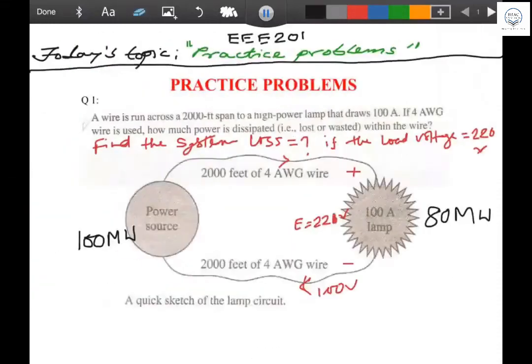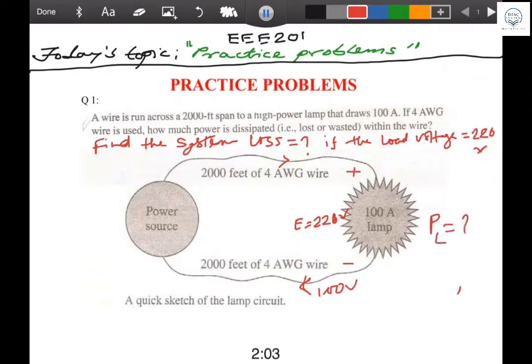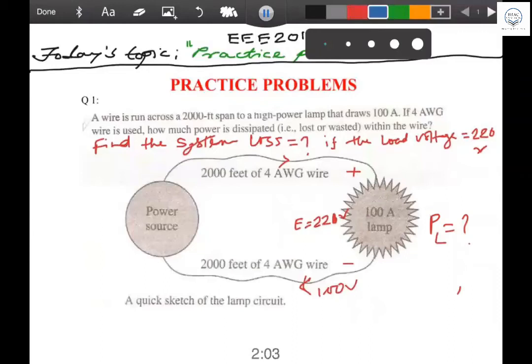Forget about this thing, because this is for mega, that's different, but we are going for our calculation. P load means in the load terminal, what is the power here? Over here, the lamp, the light, is consuming power; that is the load power. What equation should we use in order to calculate the power?